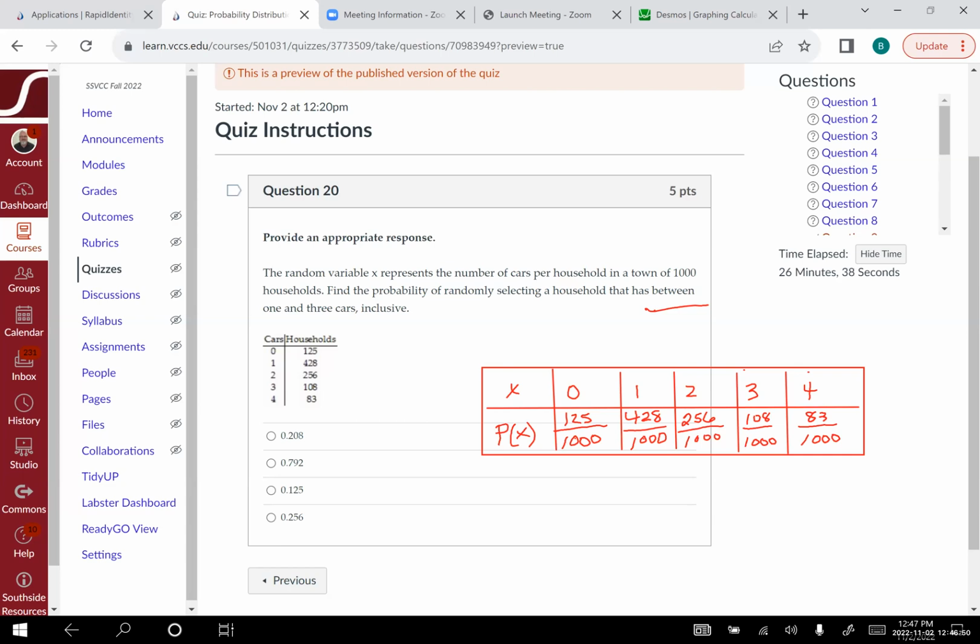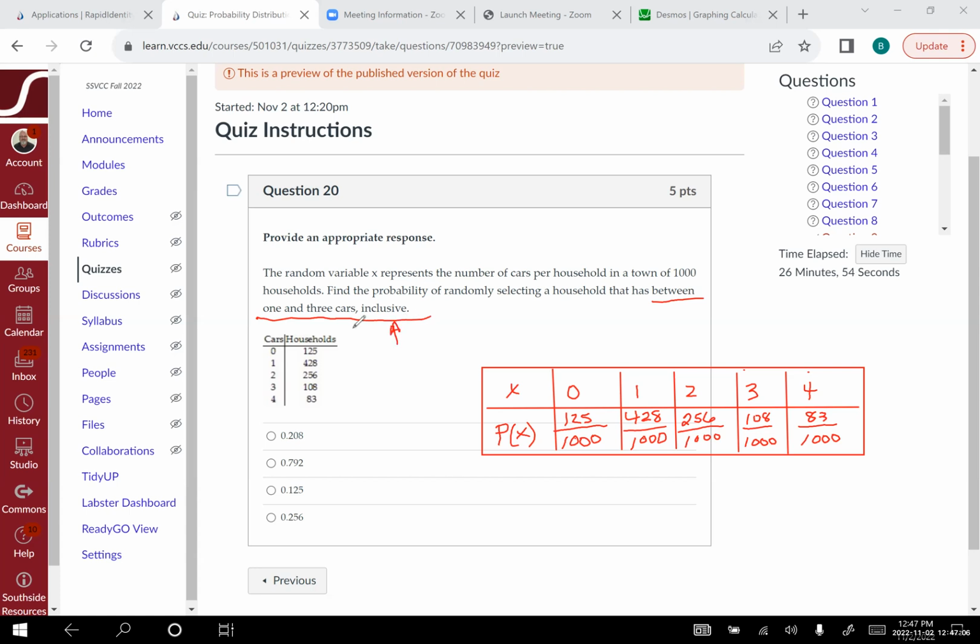Now, here's some between one and 3 cars inclusive.